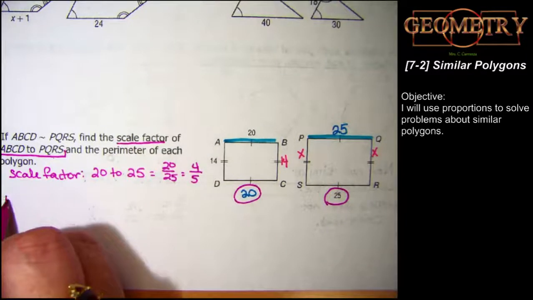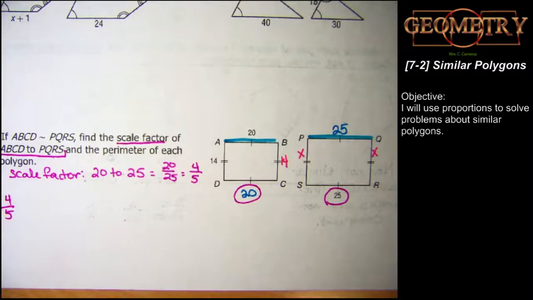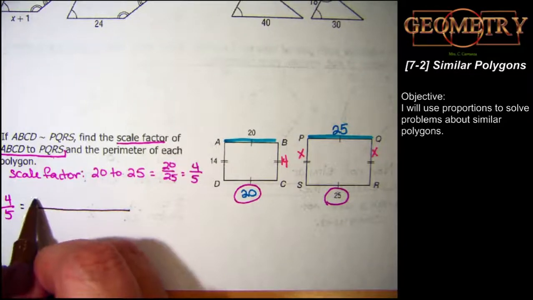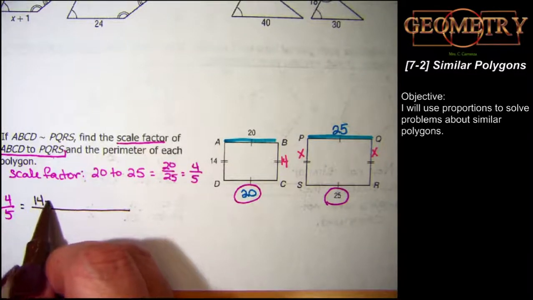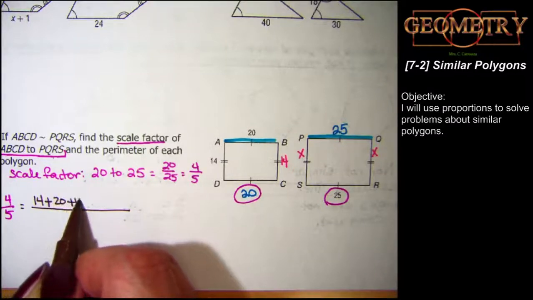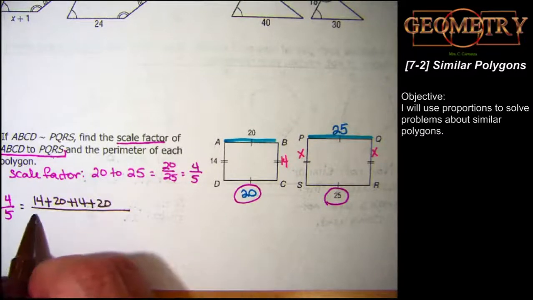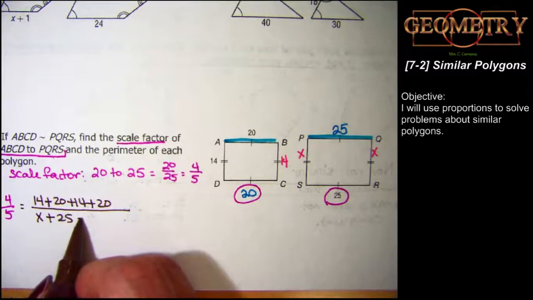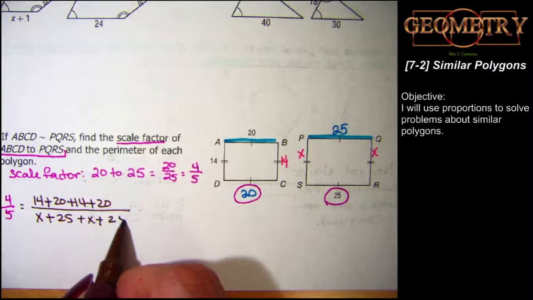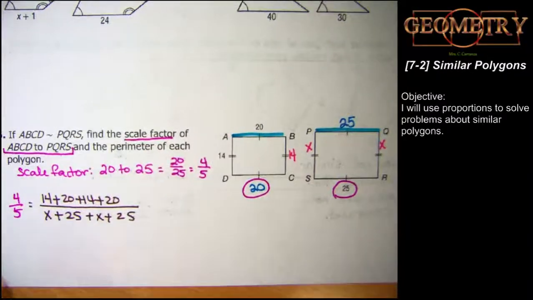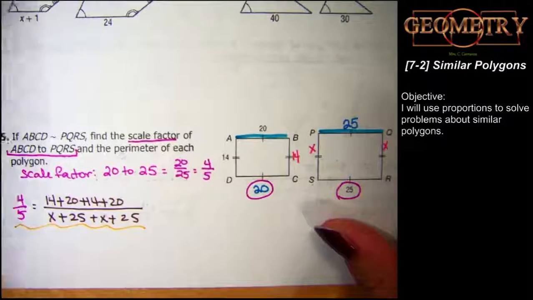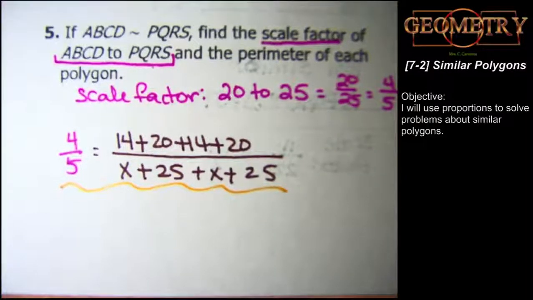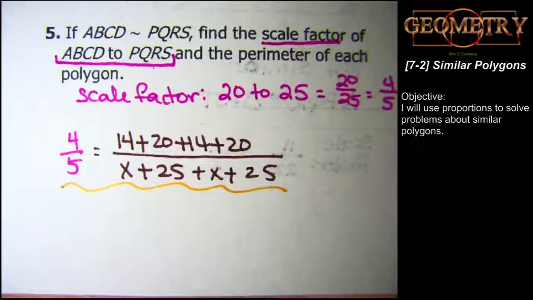So here's my scale factor equals, okay, now here's my perimeter of ABCD. And here's my perimeter for PQRS. And it looks intimidating because there's a lot of stuff.